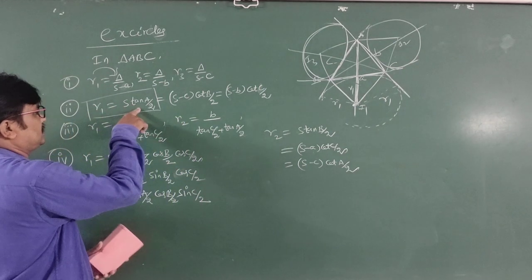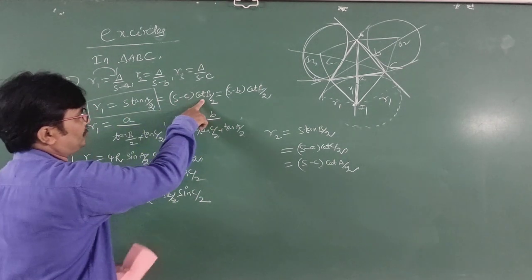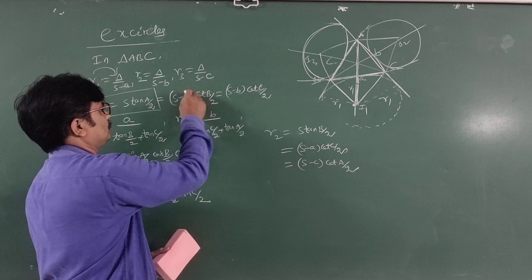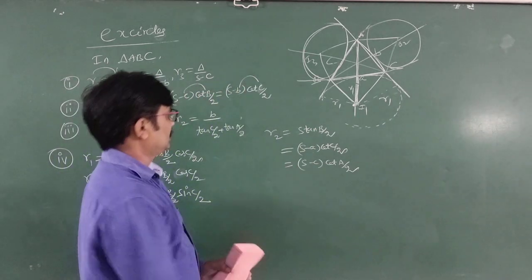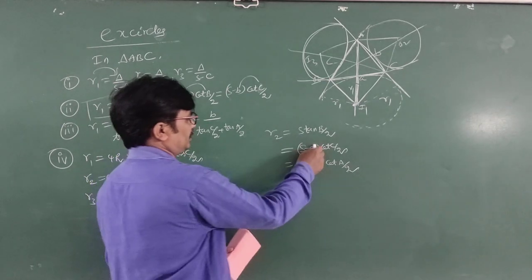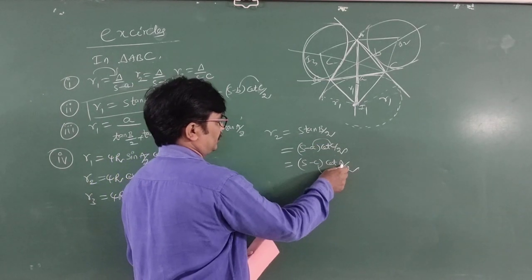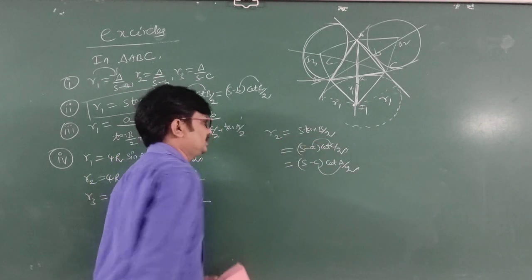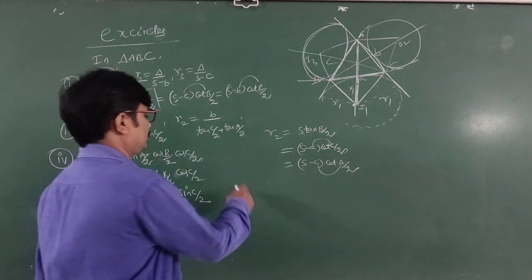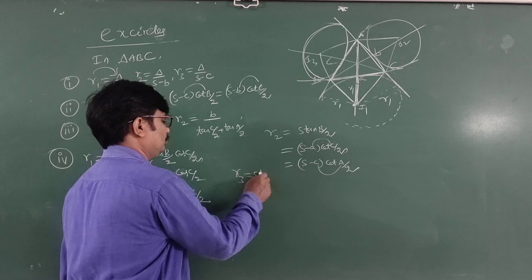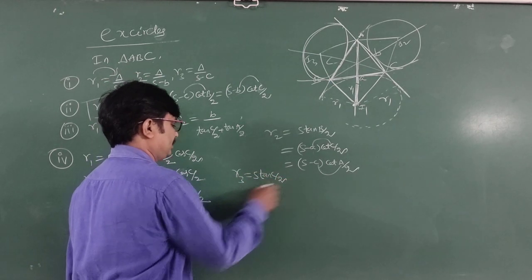The R1 is S tan A by 2, (S minus C) cot B by 2, (S minus B) cot C by 2. Similarly R2 is S tan B by 2. Similarly students, R3 equal to S tan C by 2.